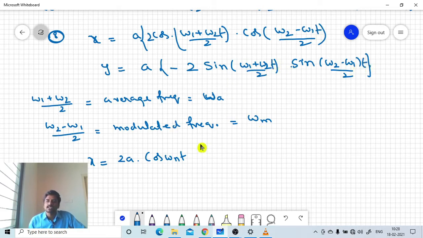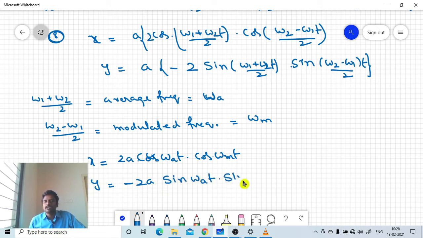So cos of omega a into t, cos of omega m into t. This is the x term value. Now the y term is equal to minus 2a sine of omega a into t into sine of omega m into t. These are the values we got.